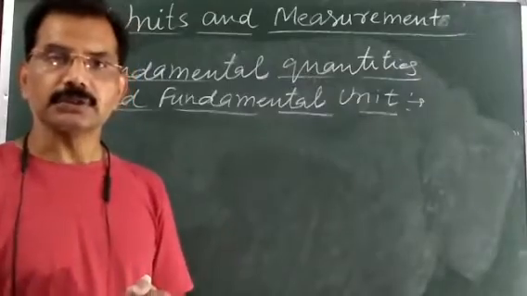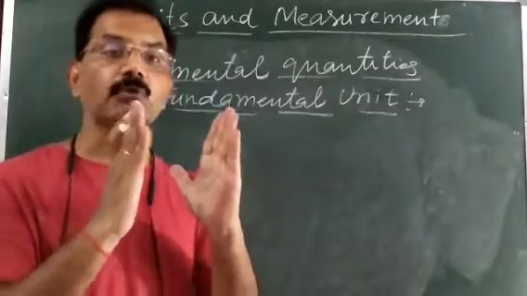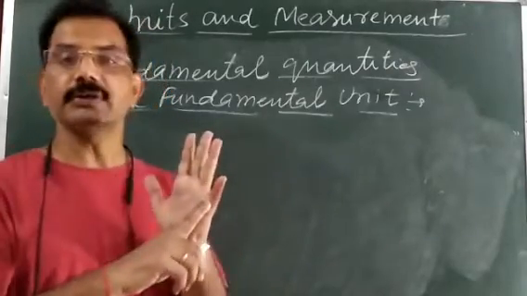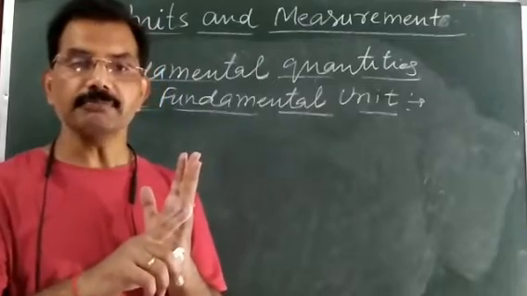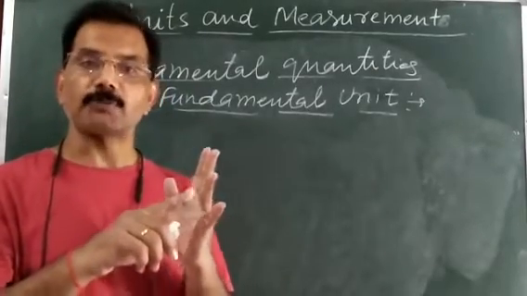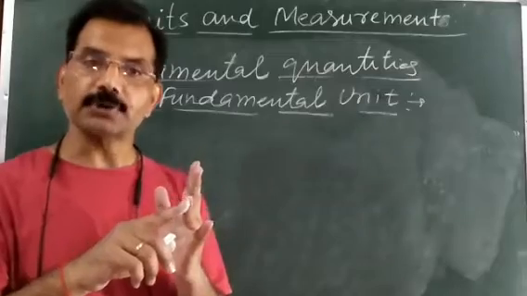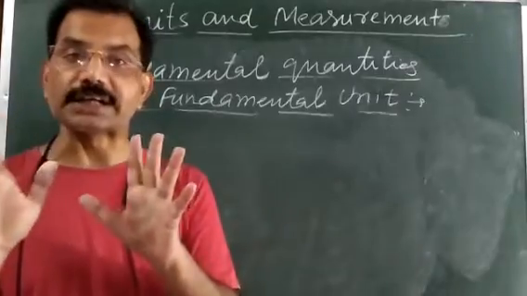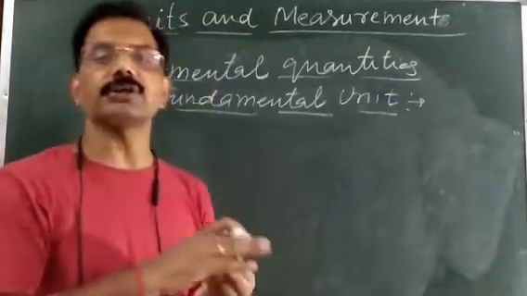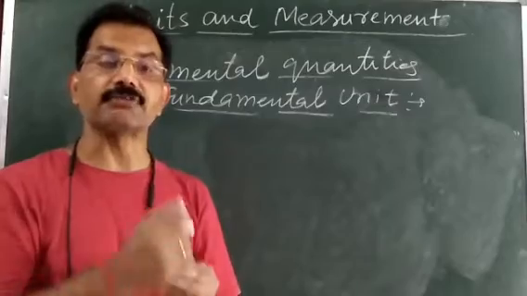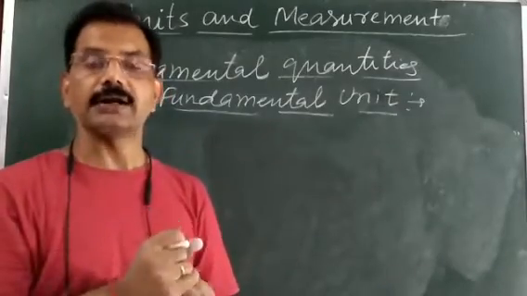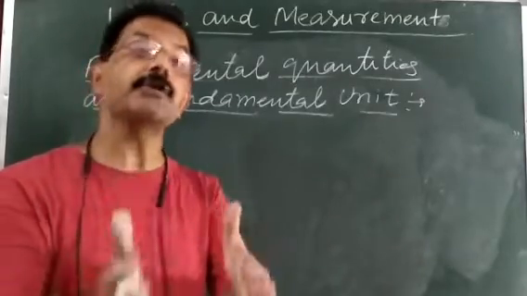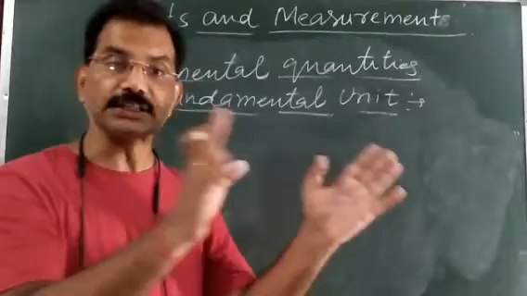And as you know, there are 7 fundamental quantities: length, mass, time, electric current, thermodynamic temperature, amount of substance, and luminous intensity. The units of all these 7 are the fundamental units. These fundamental quantities or units are independent of each other. They never depend on each other.